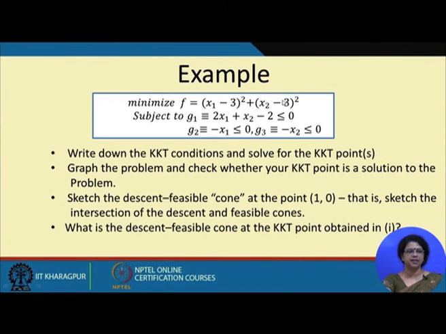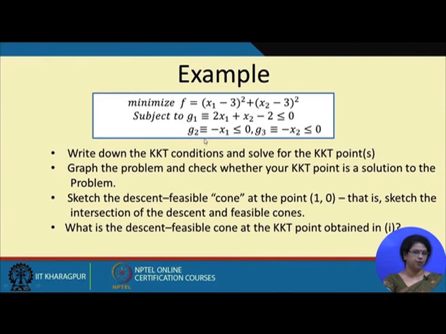The first one you can consider as a circle, and the second one is simple, a linear line, and try to guess whether the feasible space is a convex space or not.